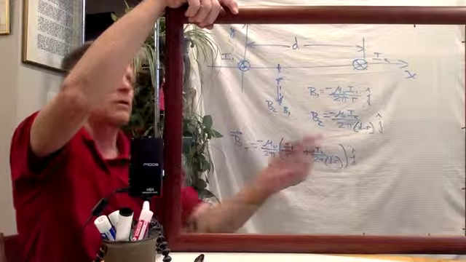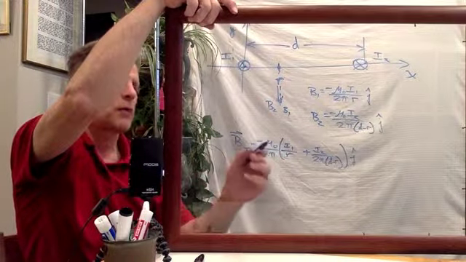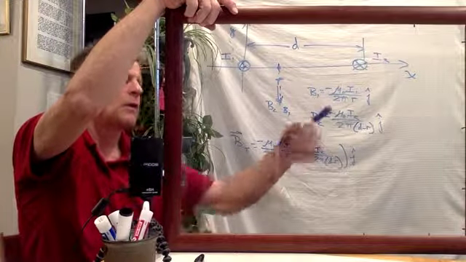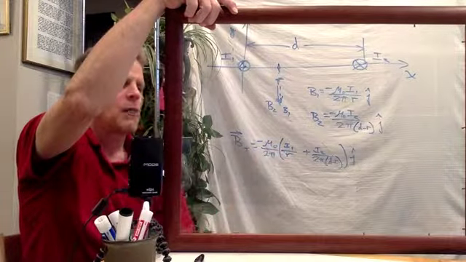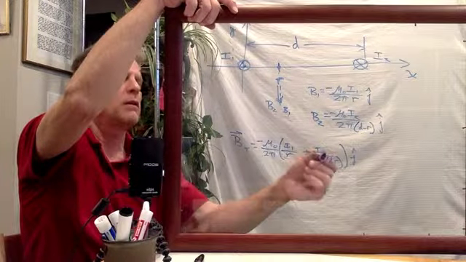Now all I've done is add these two things together. I pulled out the mu 0 over 2 pi in front, and now all we have is these two things here. This is B1, this is B2.